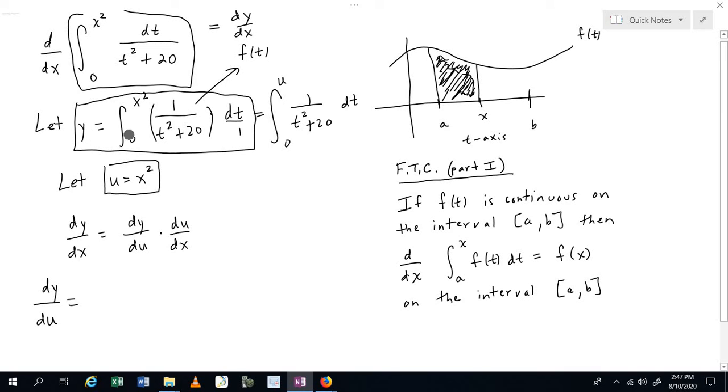Well, this is y. Remember, y is equal to this definite integral, so you're taking the derivative of this definite integral with respect to u. Well, what is that?